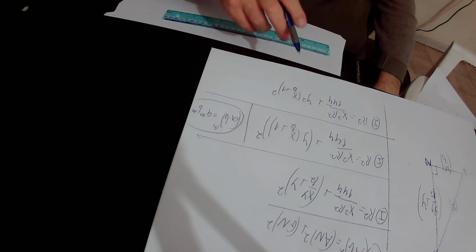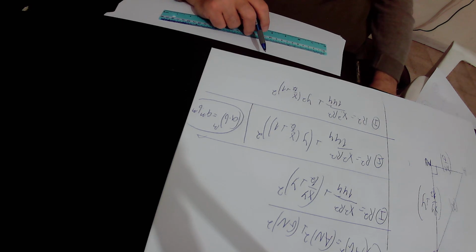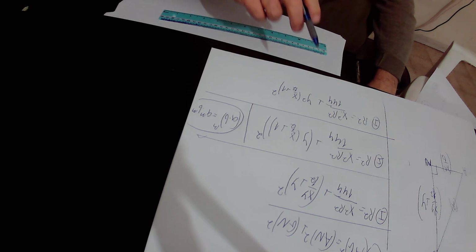Here we multiply 1 by 12 and then we divide it by 12 in order to have a common factor with x over 12.